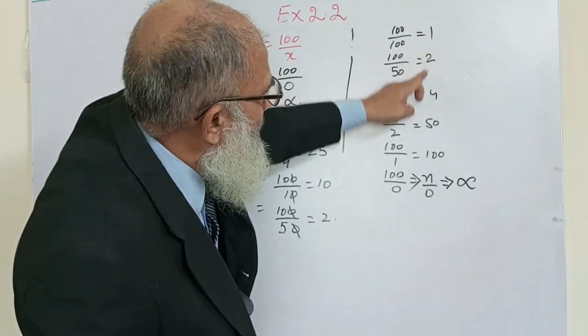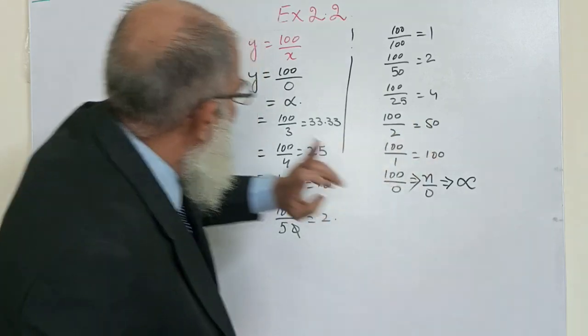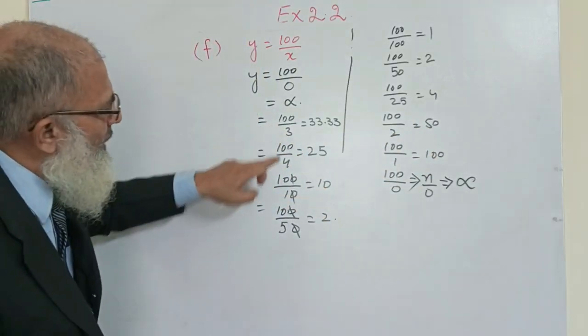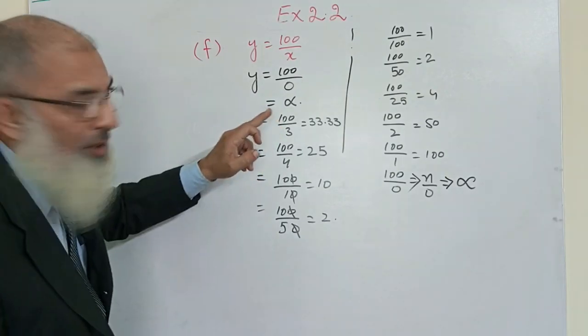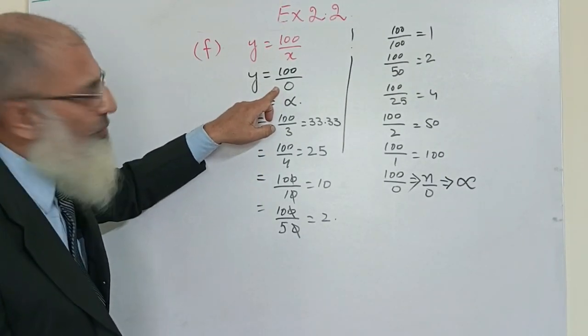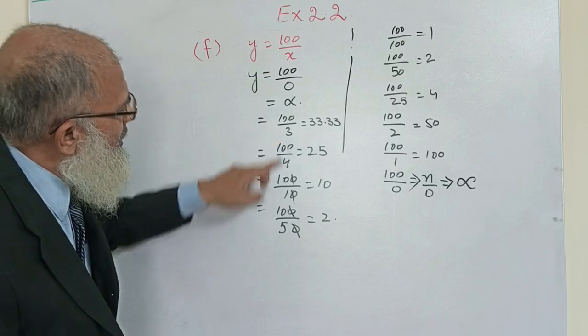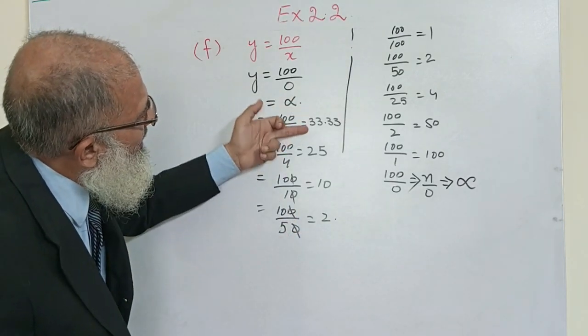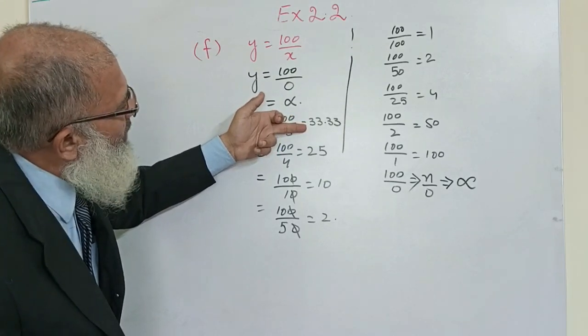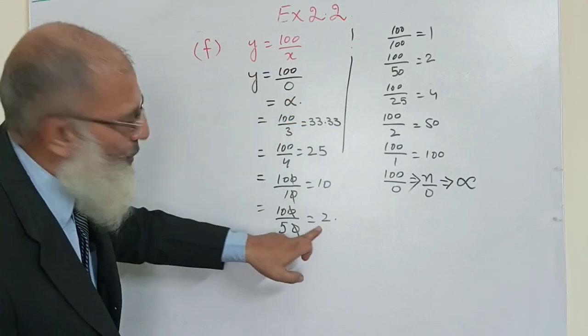Now if you increase this value, we have increased it from 0 to 3, 3 to 4, 4 to 10, 10 to 50, the outcome is decreasing eventually. It goes from infinity to 2.